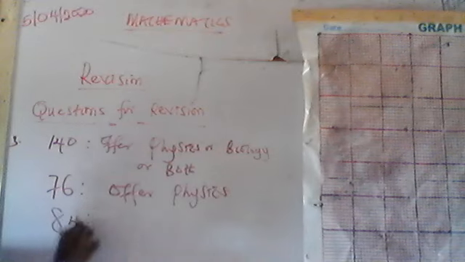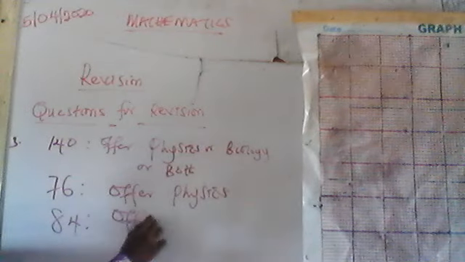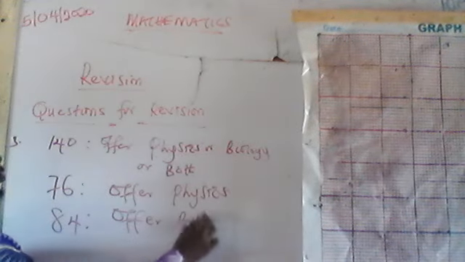We have 76 over physics. And we also have 84 over biology.